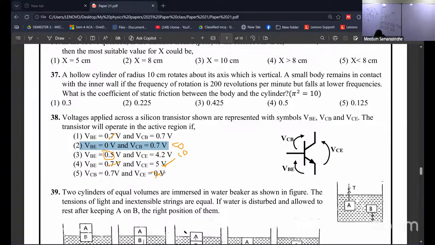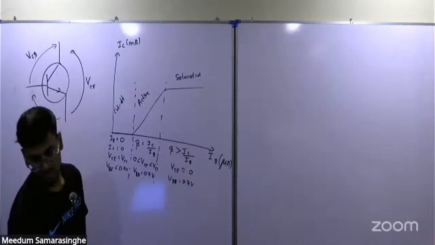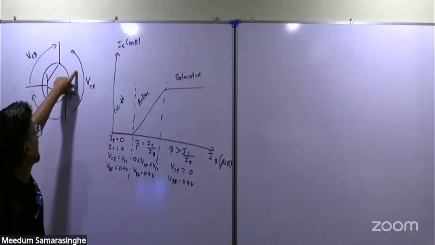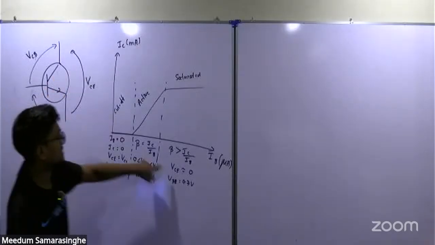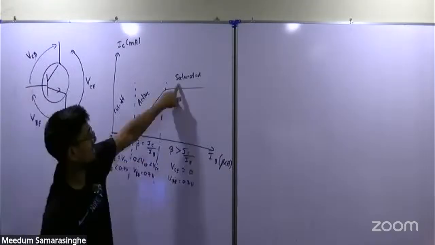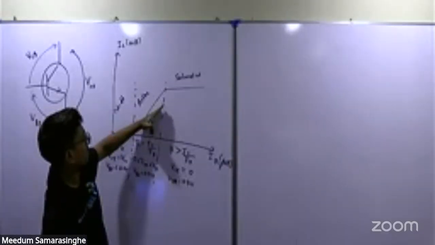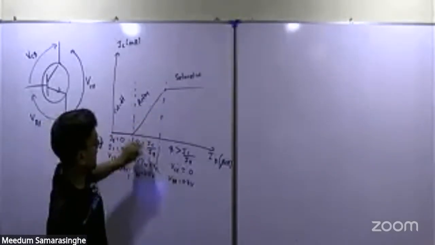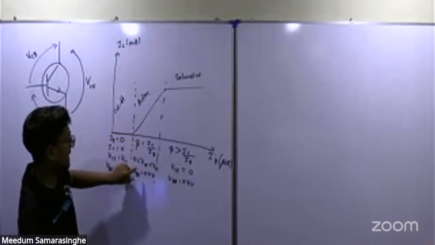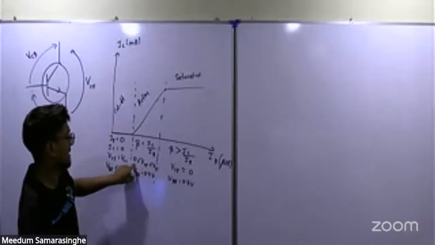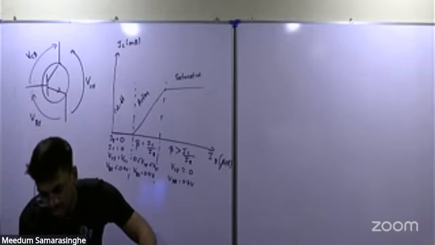When VCE is 0, it is in the saturated region. When the collector emitter voltage is approximately 0, it is in the saturated region. So if it is in the active region, when you take IC over IB, that is equal to the current gain, and VCE should be in between VCC and 0, and VBE 0.7.